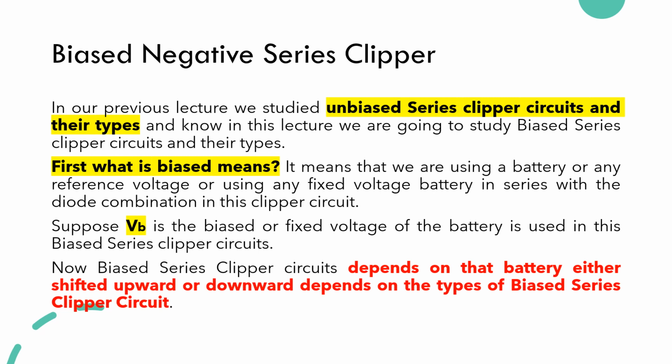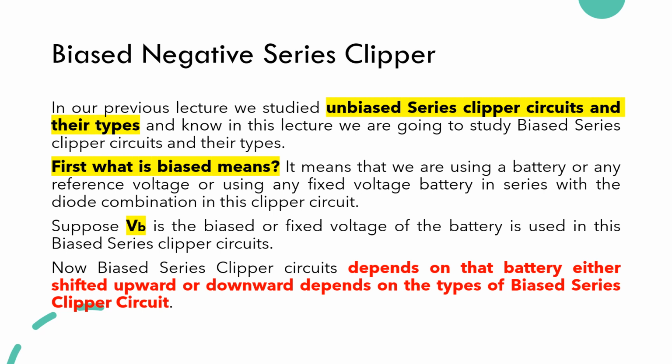Now in this lecture, we are going to study biased series clipper circuits and their types. First of all, dear students, what does biased mean? What is biasing? What is a bias voltage? What is V bias? It means that we are using a battery, a reference voltage or a fixed voltage, in series with the diode combination, as we saw in the previous slide in this clipper circuit.